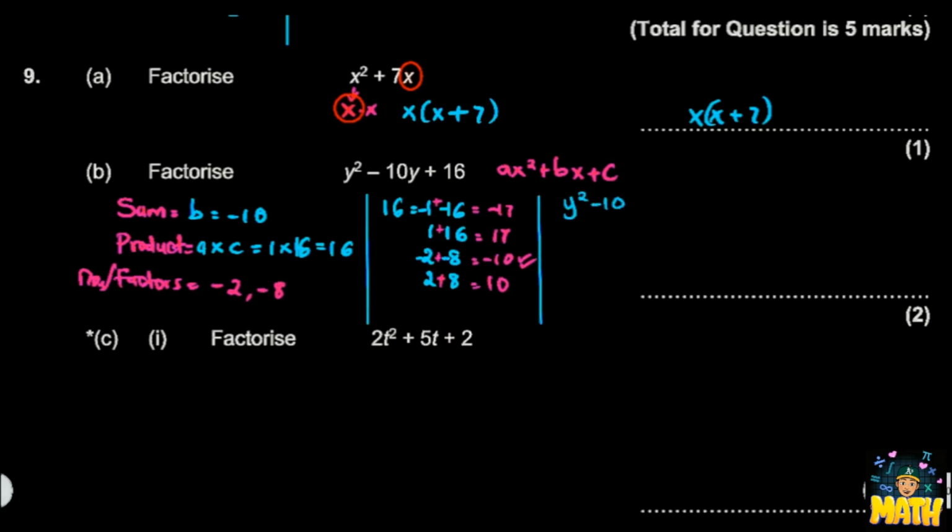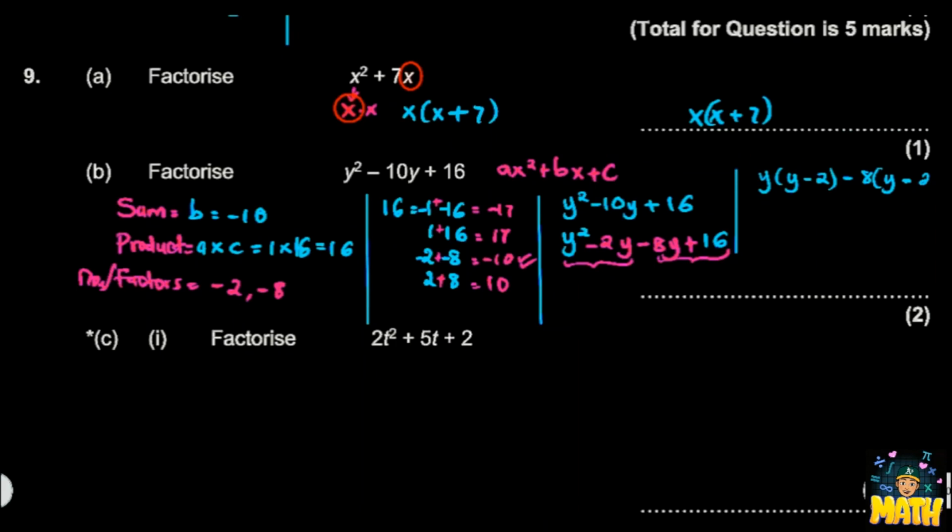So I'm going to rewrite the expression and substitute the two factors where I have negative 10. Pair up each of those terms and identify what is common between each of the two. So in the first expression, y is common. When I factor out 1y, I remain with a y and a 2.